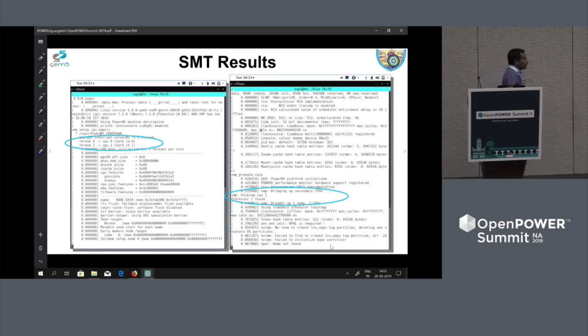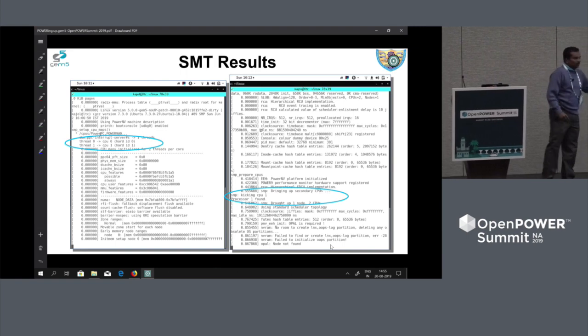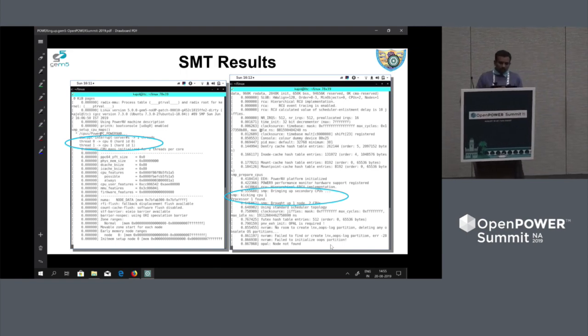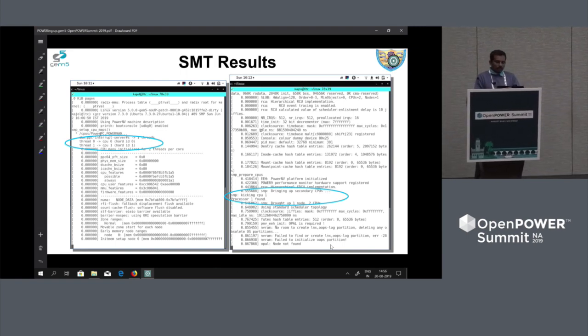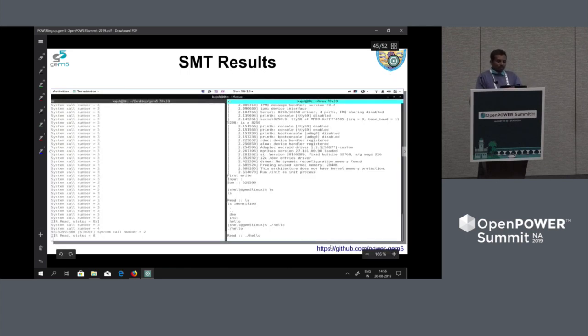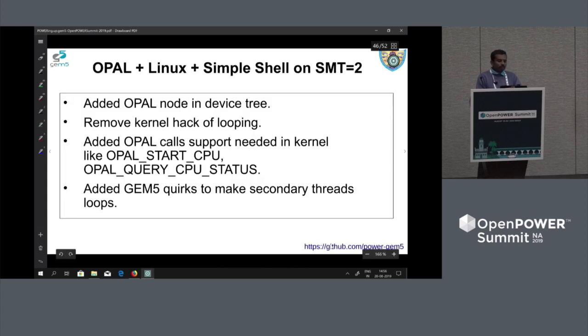Now we are able to run simultaneous threads in CPU 0 and CPU 1, and of course there was some timing and waiting to wake up the second CPU. The first CPU, the first thread, wakes up the second CPU, and so on. But we were able to run SMT simultaneously, and this is a snapshot of that.